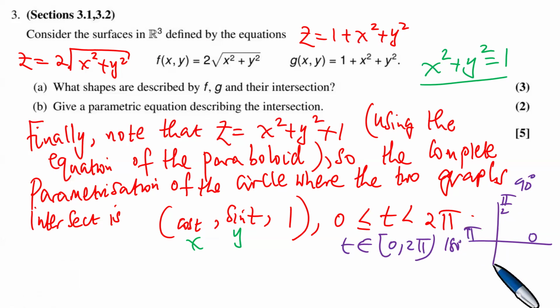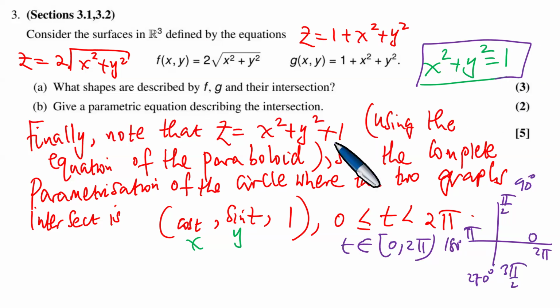Yes, please, ask your question. You mentioned that the intersection was x squared plus y squared equals 1, and through the calculation we got the radius, which was 1.